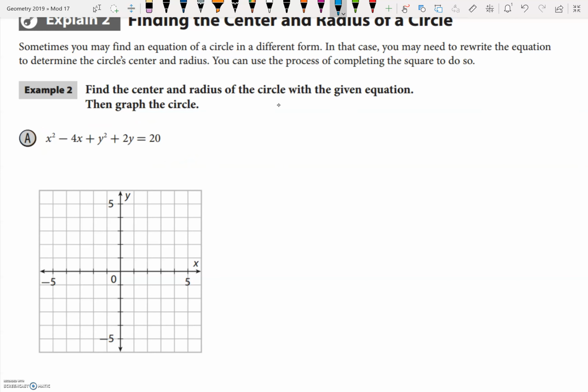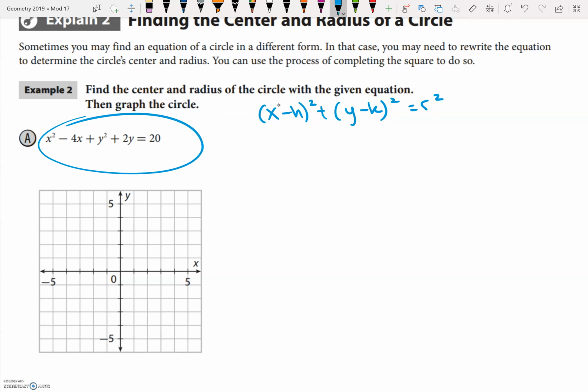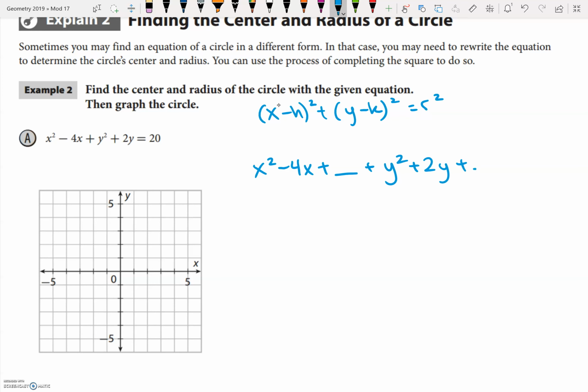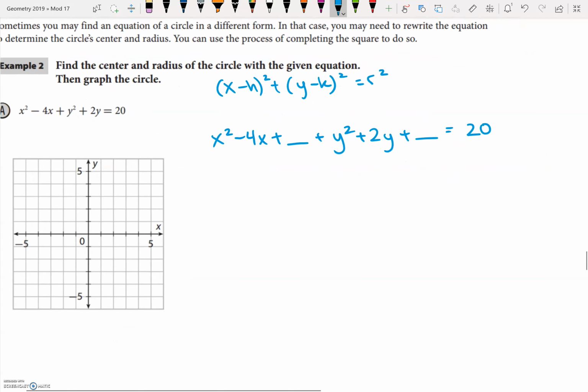So we need our circle to look like (x minus h) squared plus (y minus k) squared equals r squared. This doesn't look like that. It looks like x squared minus 4x plus something, y squared plus 2y plus something equals 20. So our goal is to complete the square twice.